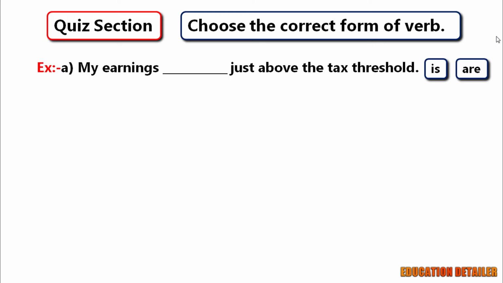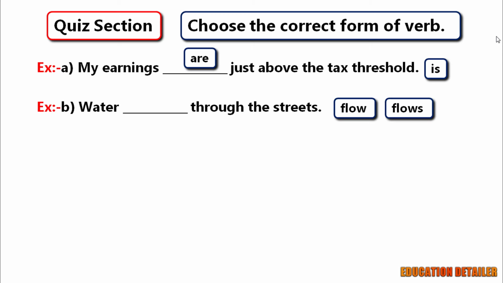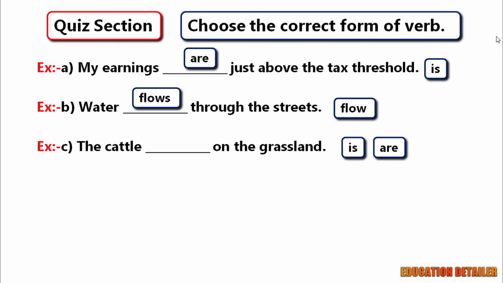My earnings are just above the tax threshold. Next one. Water flows through the street. Third one. The cattle are on the grassland.